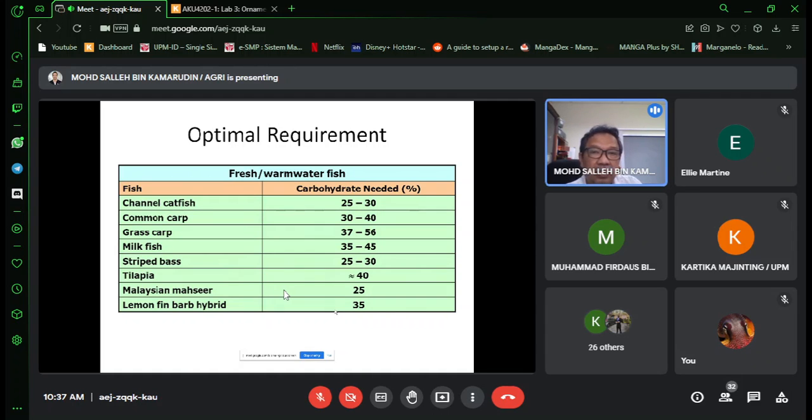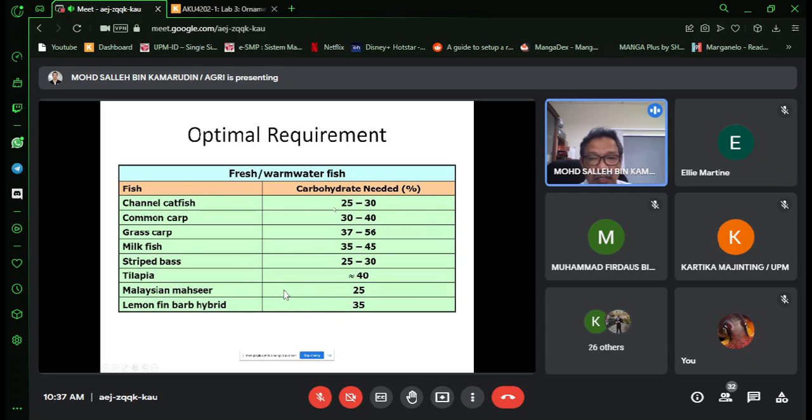Okay, let's look at the optimal requirement. Kalau lihat dari segi optimal requirement, sama juga seperti lipid dan sebagainya. Dia punya requirement dia berbeza mengikut ikan.